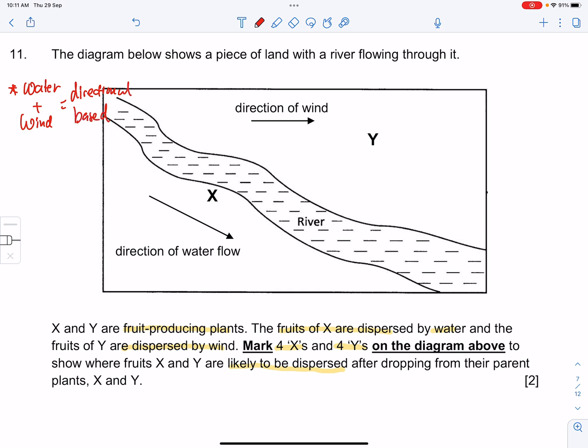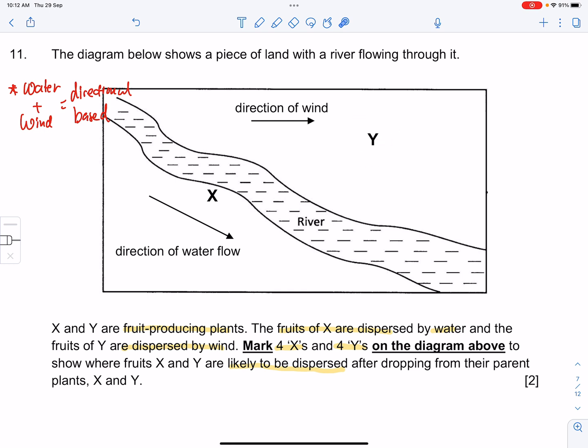So it depends on the agent. For example, the direction of the wind is this way. Direction of water is this way. Now, the location of your parent plant for wind is actually over here.